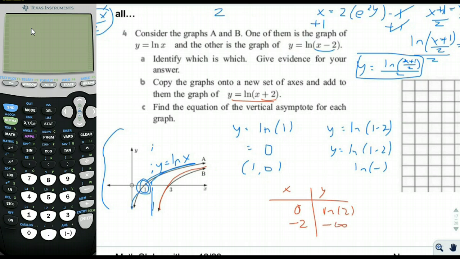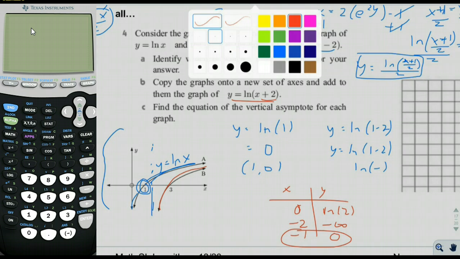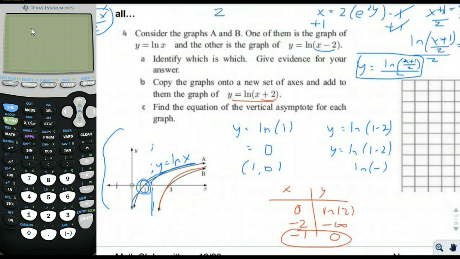And if you put negative 1 in there, it would give you natural log of 1, which we know is 0. So now we can see that the x-intercept is going to be negative 1 comma 0. So if we wanted to graph that, we would put that right there, right? Negative 1 comma 0. And then the rest would just be the same graph shifted. So the asymptote for this one is going to be at negative 2, and the x-intercept is going to be at negative 1.